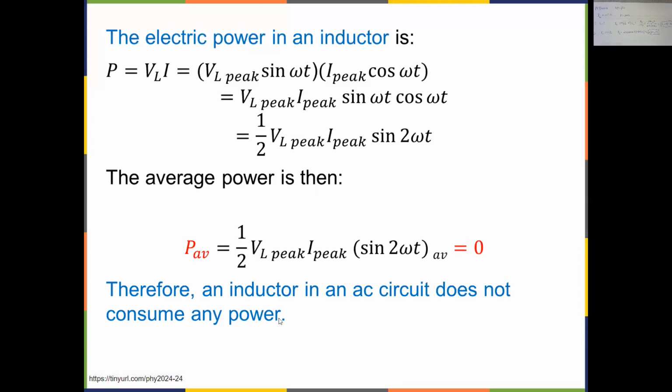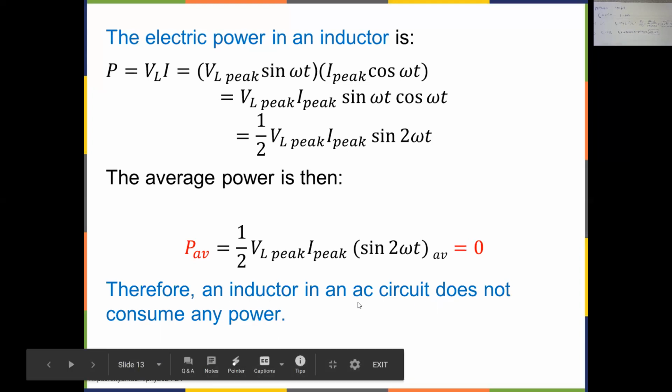It stores the power going through it over time, and you can actually take that energy out later. So that's what we saw with the RL circuit. If you put a power source to it, and then after a while remove the power source, you can actually take energy out from the inductor. That's because the inductor does not consume any power, all right?